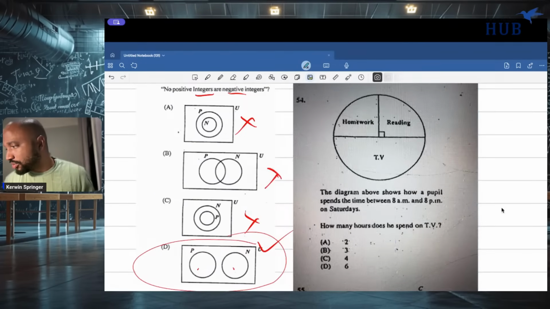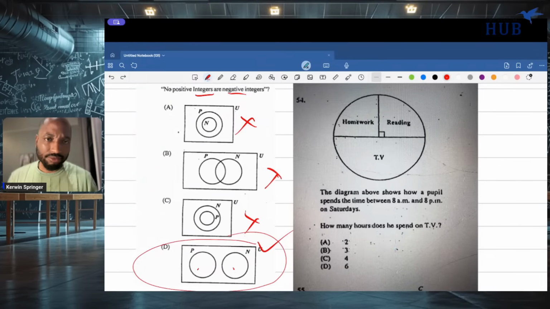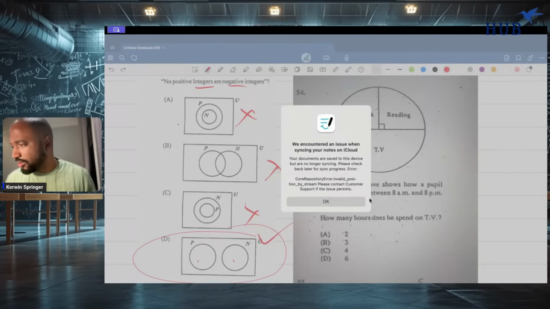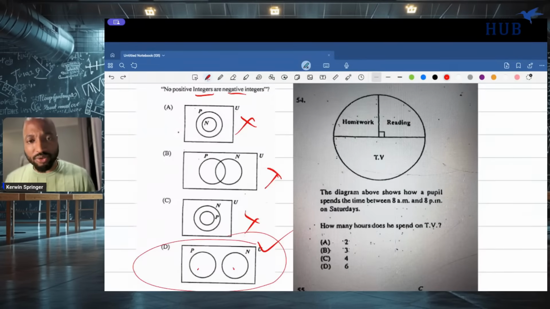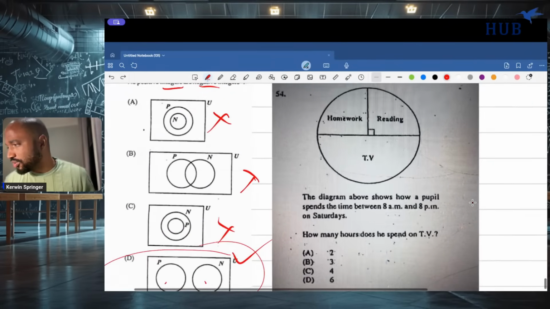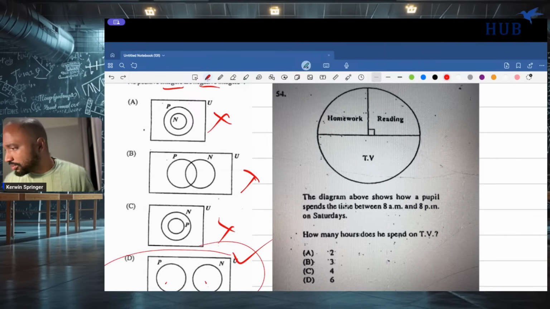The diagram above shows how a pupil spends the time. Where do these artifacts come from? These lines. It's like when you take a picture of this on your phone, and your phone screen breaks or something. Anyhow, the diagram above shows how a pupil spends the time between 8 a.m. and 8 p.m. on Saturdays.